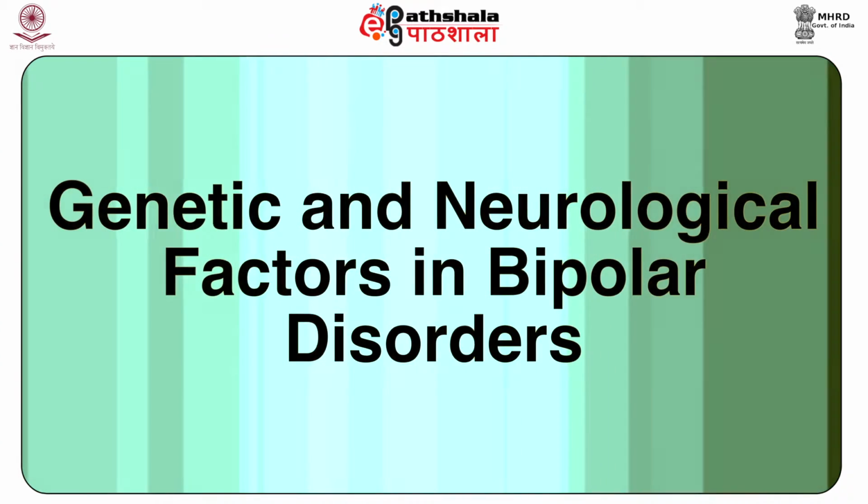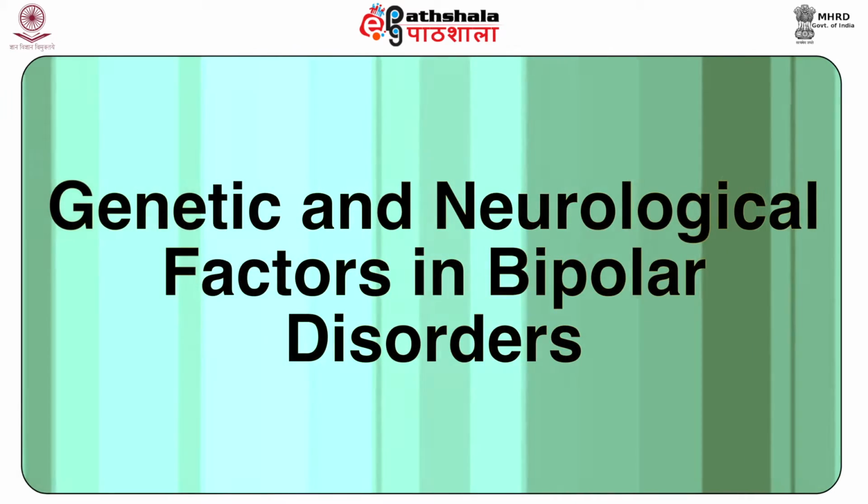Next, genetic and neurological factors in bipolar disorder. A host of causal factors of bipolar disorders have been posited over the past century. However, biological causal factors are clearly found to be more predominant than the psychosocial factors.